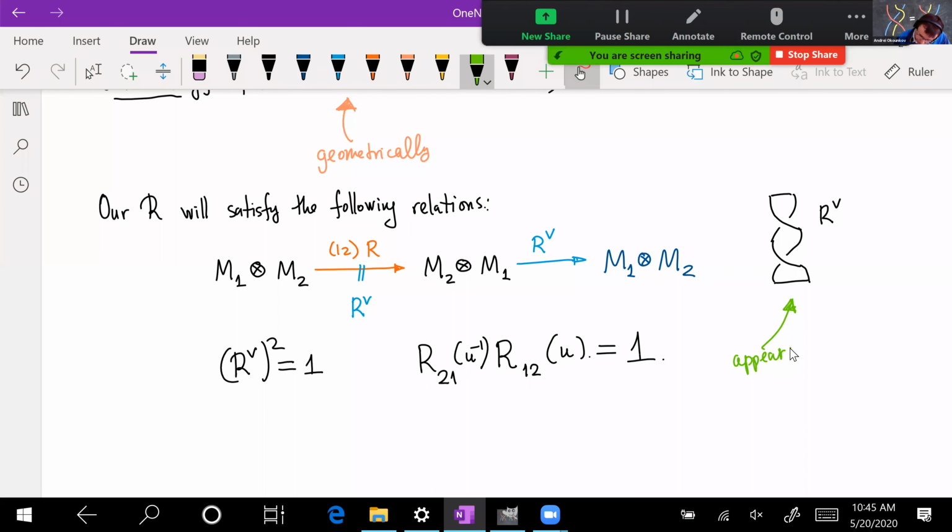If you have two different operators that go from here to here, you can ask what's the relation between them.